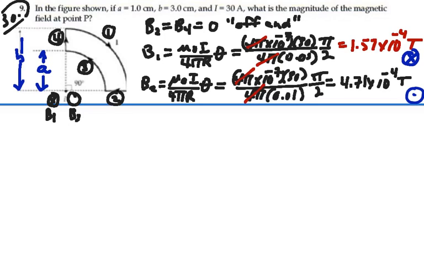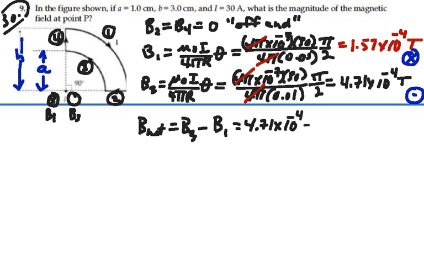So they're in opposite directions, and the larger one is going to subtract the smaller one. In other words, the larger one is going to prevail. And so our net field is going to be equal to B3 minus B1. So that's going to be equal to 4.71 times 10 to the minus 4 minus 1.57 times 10 to the minus 4.